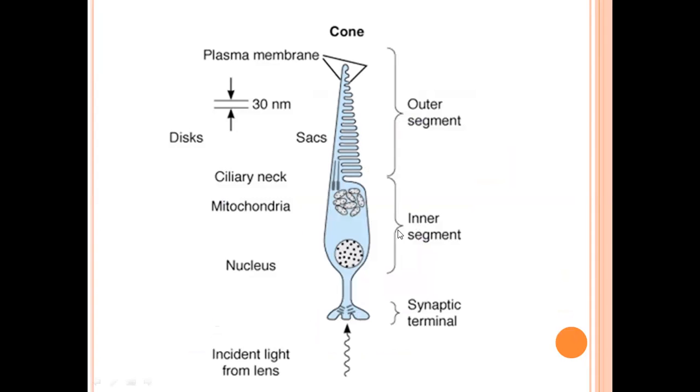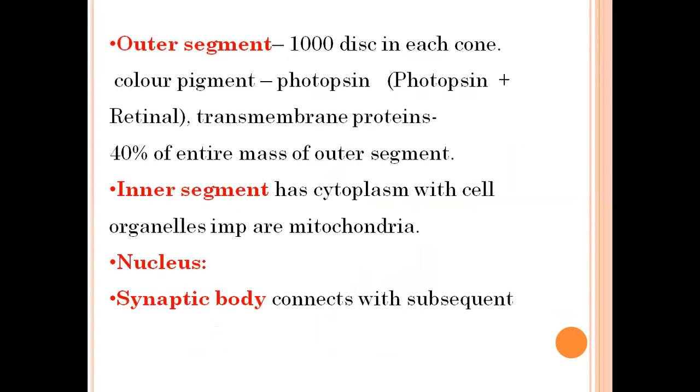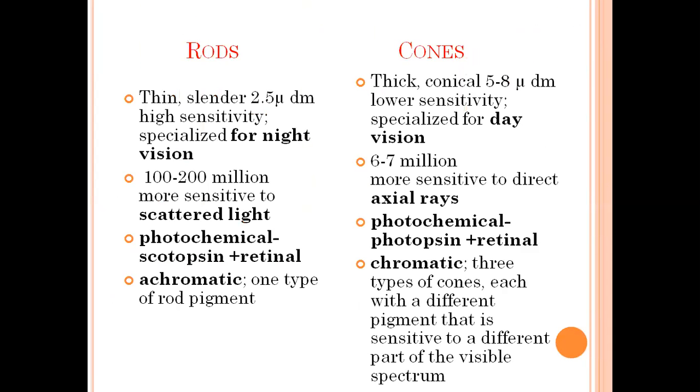This is the specific structure of a cone, because the outer segment is conical; that's why it is called a cone. The pigment in rods is rhodopsin, while in cones it is photopsin and retinal. In the cone, the outer segment has photopsin plus retinal, the inner segment has mitochondria, and last is the nucleus, from which the synaptic body arises and connects to the subsequent structure.